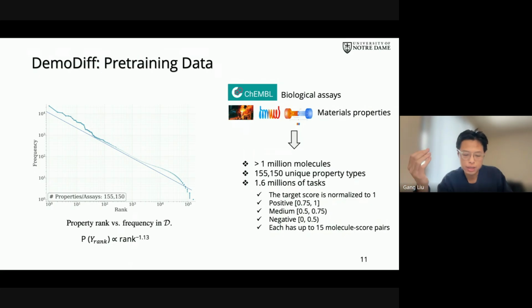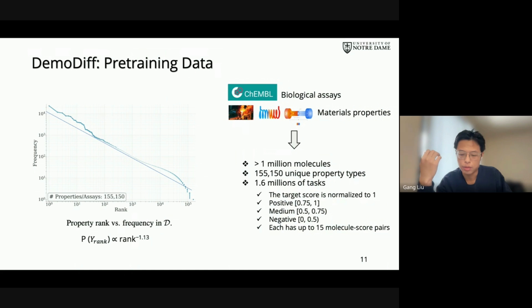After we set up the algorithm, we began to prepare the data. We collect data from many different sources, typically experimental molecules. For example, we use the data from the ChEMBL database. It contains millions of drug-related assays. Also, we collect polymer data for material properties.